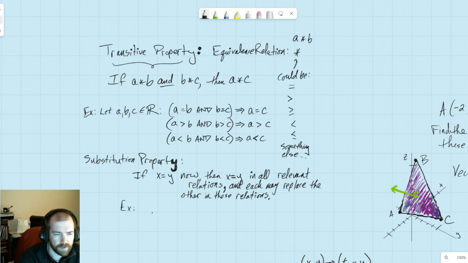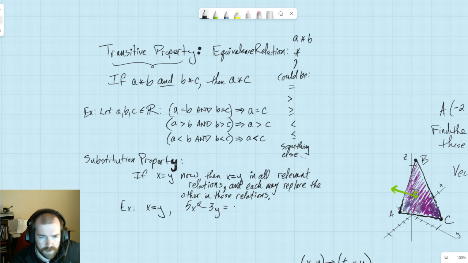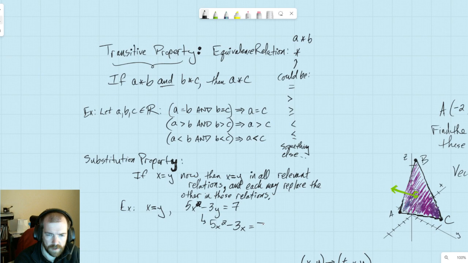So for example, if I let x equal y here, and 5x squared minus 3y equals 7, then this says that I can have this be instead 5x squared minus 3x equals 7.